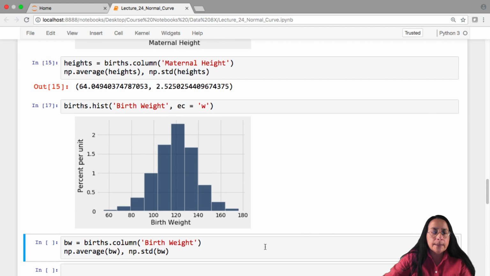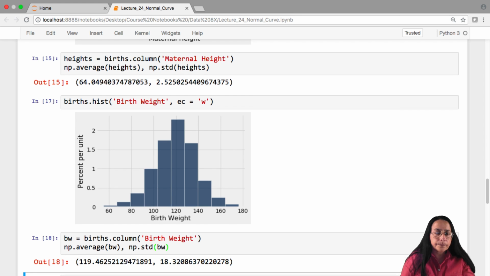And we can check all this by simply extracting the birth weights as a column and calculating their average and SD. And we get an average of 119.5, close enough to 120, and an SD of not quite 20, somewhat less.